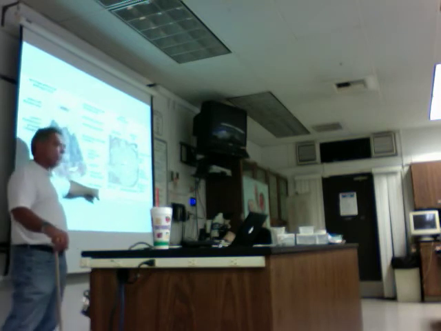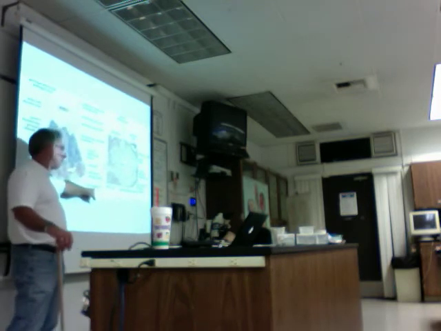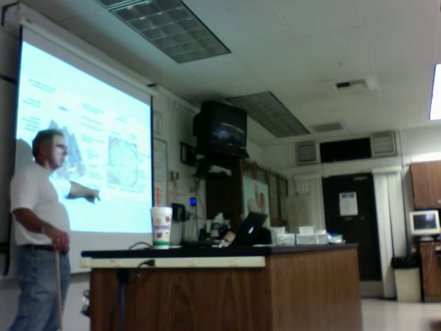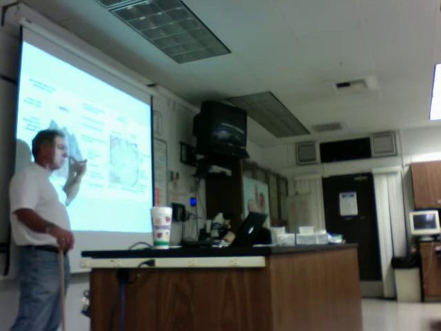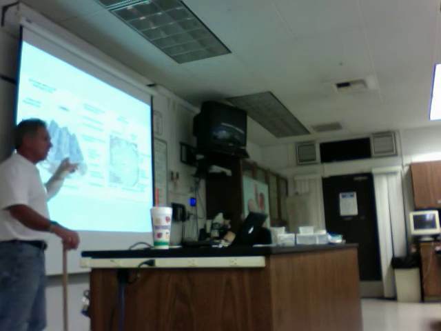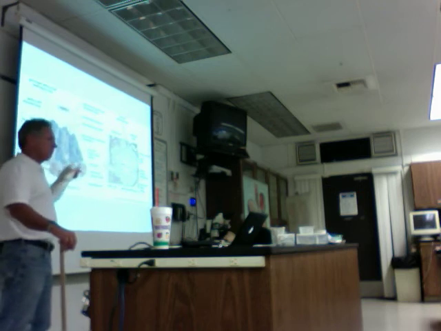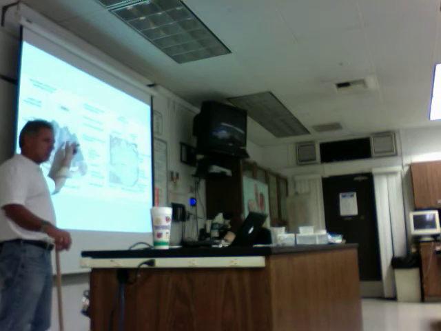I'll show you a better picture in just a second. Interstitial cells do one thing: they produce testosterone. Where's it needed? Right here. So it's produced here, just diffuses across this little membrane, and allows spermatogenesis to occur.